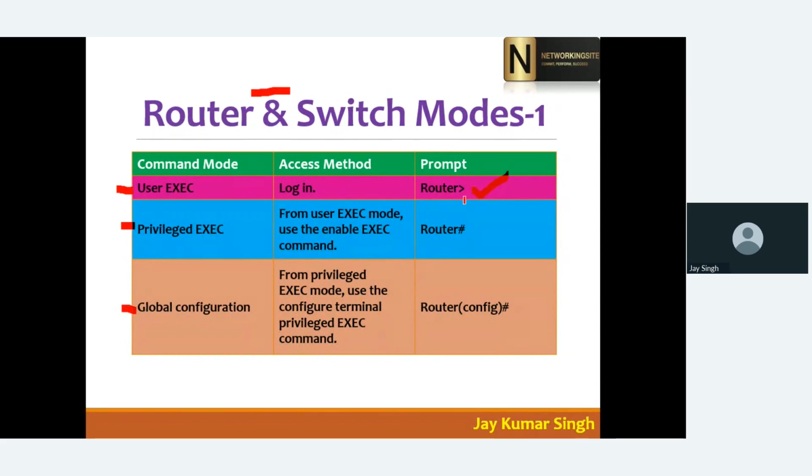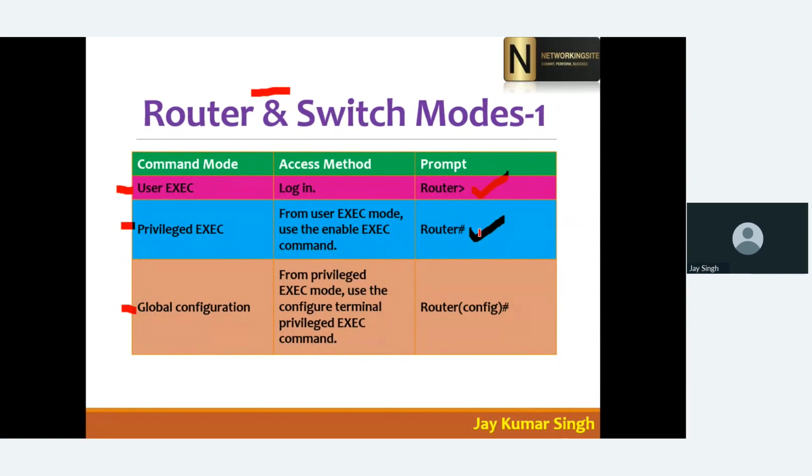In user mode, you can only get the basic information of the router. In privilege mode, you can get the full details of the router or the switch with monitoring facilities, so you can debug the router.